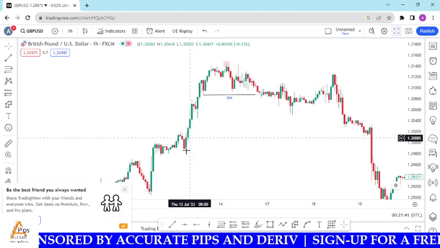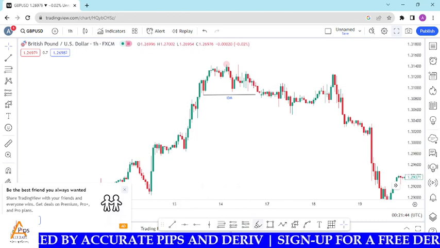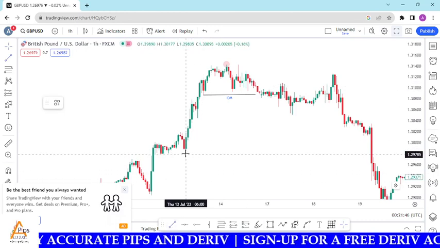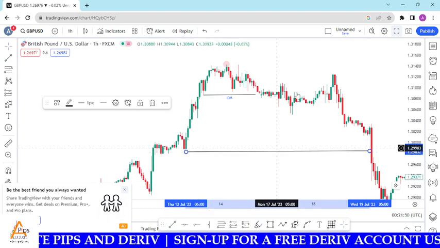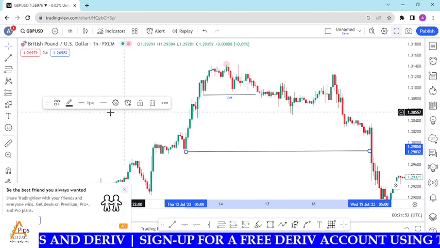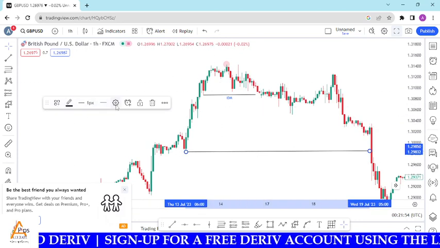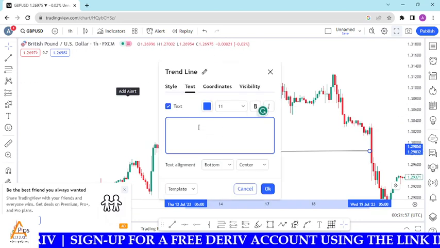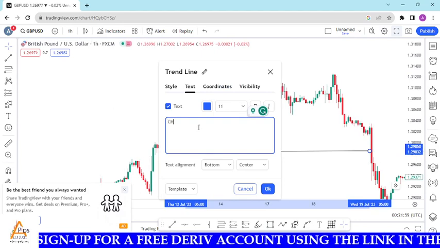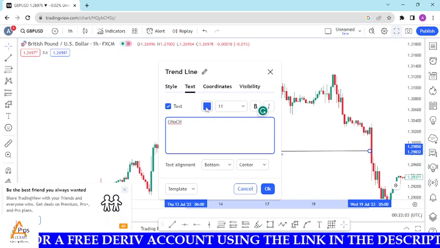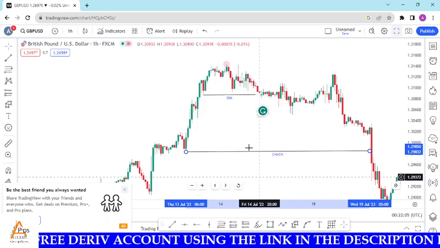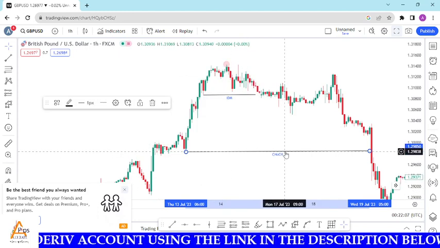We are in an uptrend here, so this is the area we will be expecting our valid change of character after price closes below. Okay, so let me label this change of character, our CHoCH, over here. So this is our valid CHoCH.